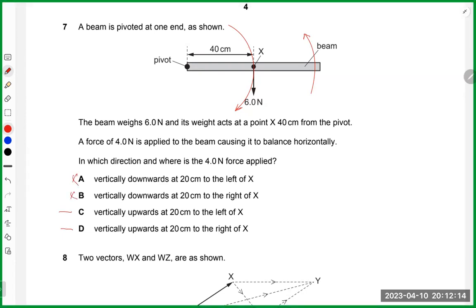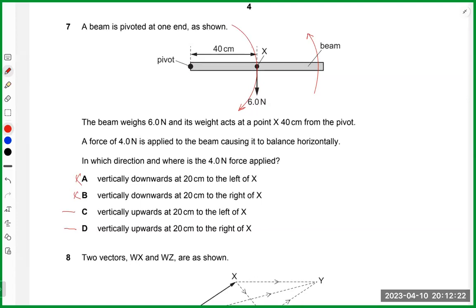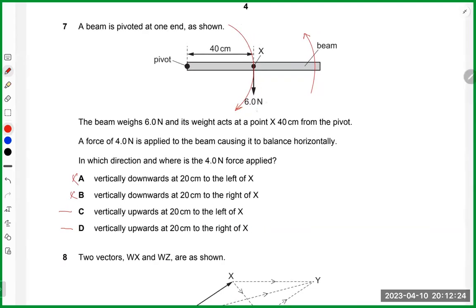Now, vertically upward 20 centimeter to the left and 20 centimeter to the right. Obviously, this is 6 Newton force which is producing clockwise turning effect. So in order to balance it with 4 Newton force, that 4 Newton force must act more away from the pivot.